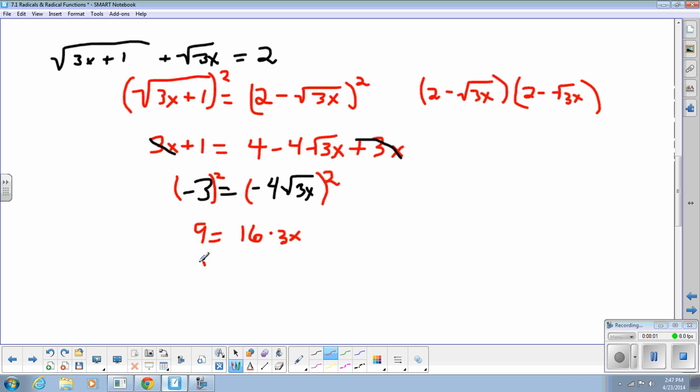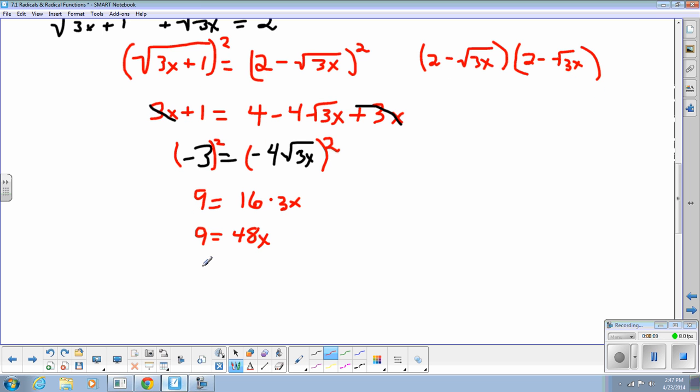On the right side, I have a 16 times 3 that I must work with. So 16 times 3 is 48 times x. Divide both sides by 48, and I have 9 divided by 48 equals x. This can be simplified. I can divide both of those by 3, so that's 3/16.